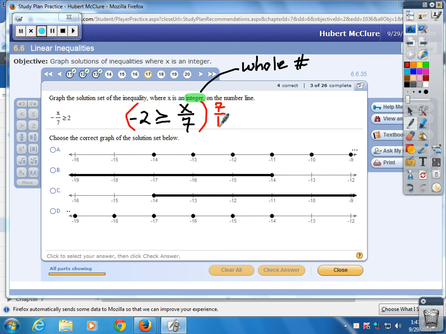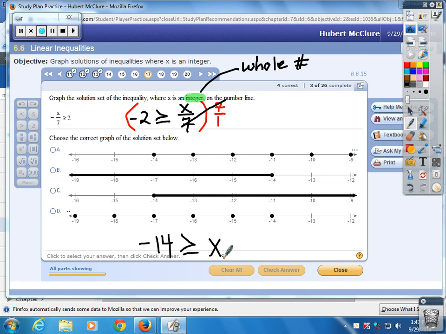And when I do that, what's 7 times negative 2? Negative 14. Greater than or equal to, and the 7s cancel, and you're left with x. So x is less than or equal to negative 14.